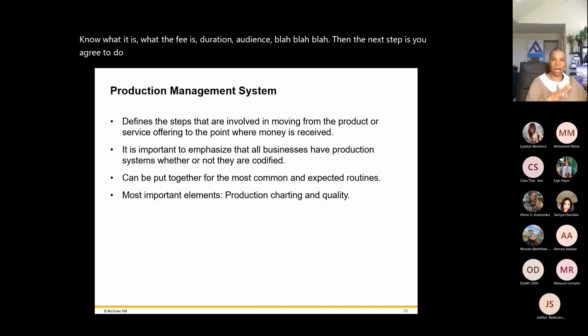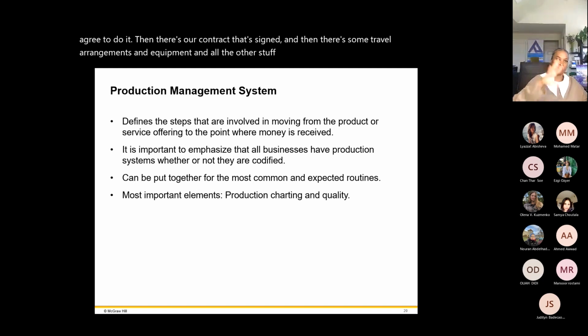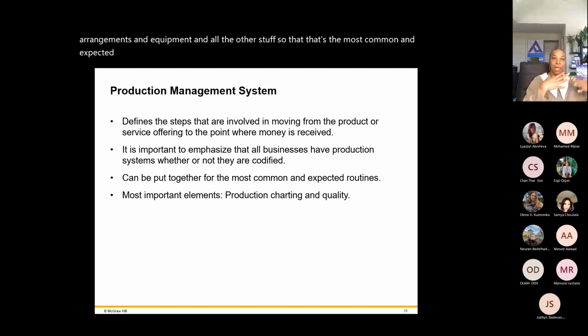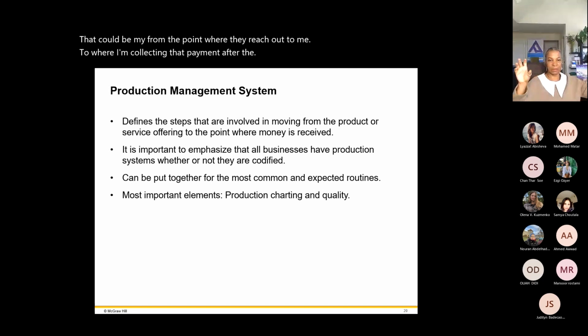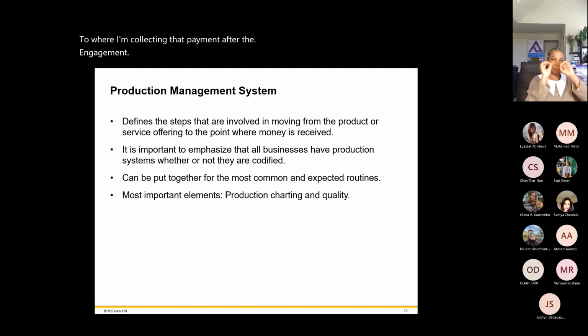Then there's a contract that's signed, and then there are some travel arrangements and equipment and all the other stuff. So that's the most common and expected routine in my business. That could be from the point where they reach out to me to where I'm collecting that payment after the engagement. That's my production management system.